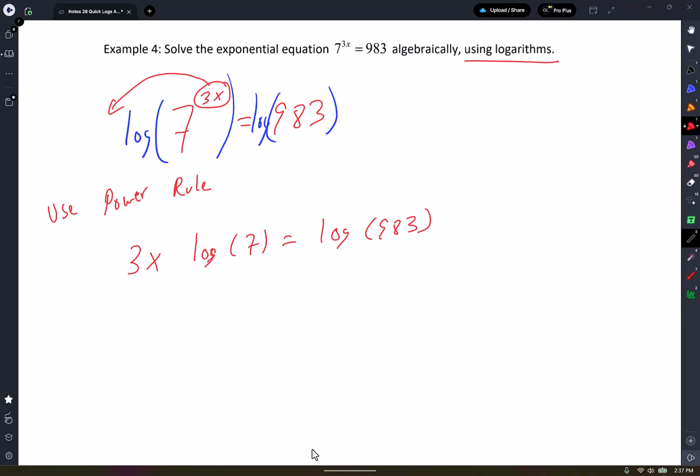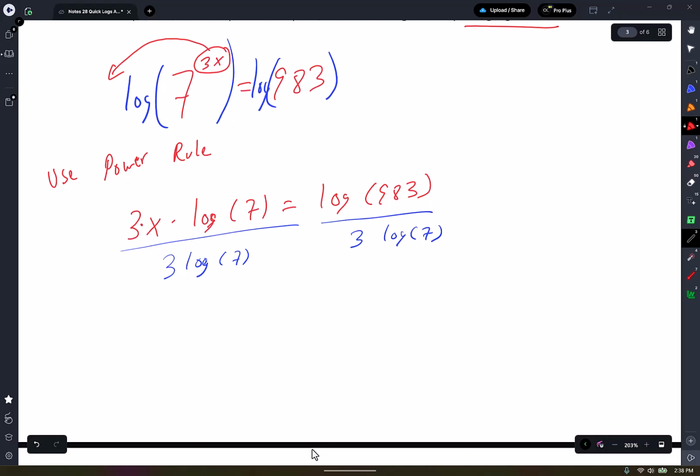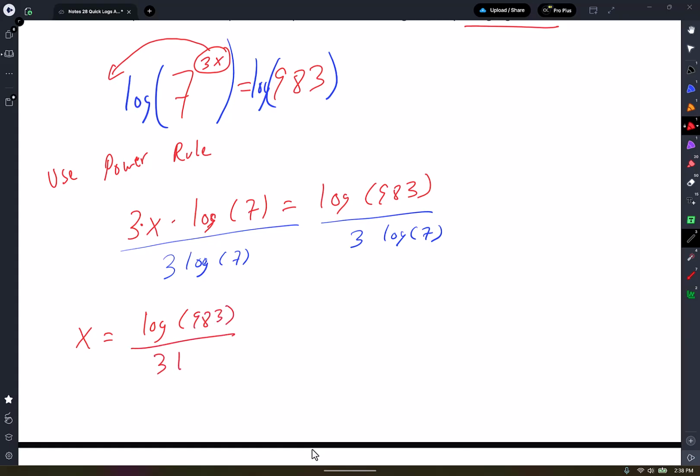This is all a product, 3 times x times log 7. So I'm going to divide by 3 log 7 on both sides. And here's my answer. If you want to leave it in terms of logs, you can say x equals log 983 divided by 3 log 7. If you want to write it fancier, you can write 1/3.